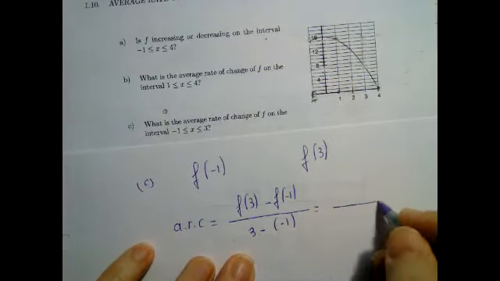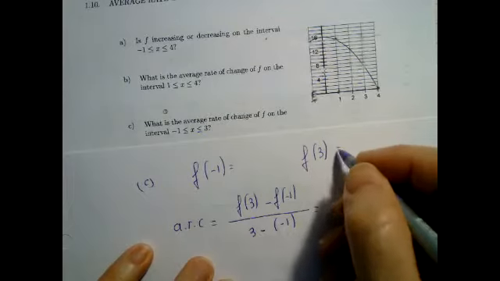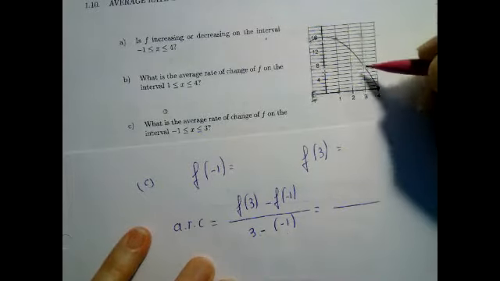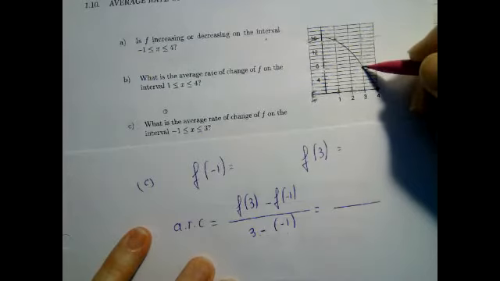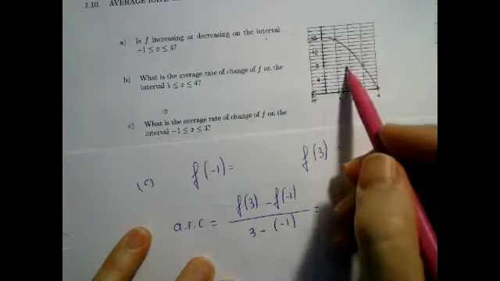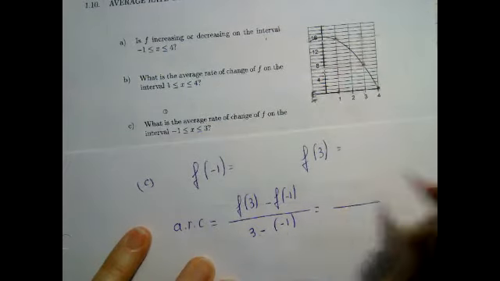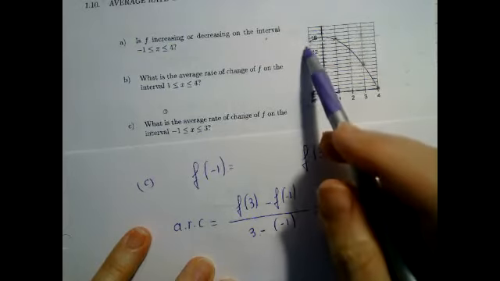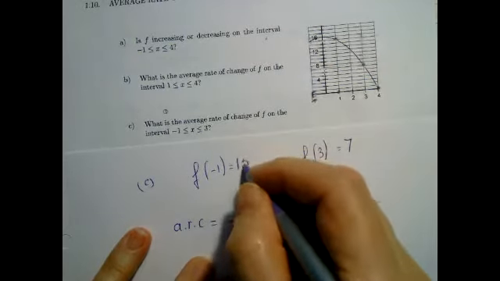So it's going to be equal to, what is each one of them? What is f of 3? Can you guys see it better than me? This is 3. F of 3 is up to here. That seems to be a 7. F of -1 seems to be a 15.